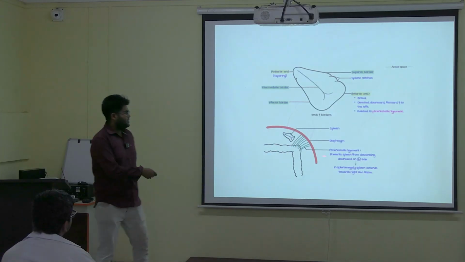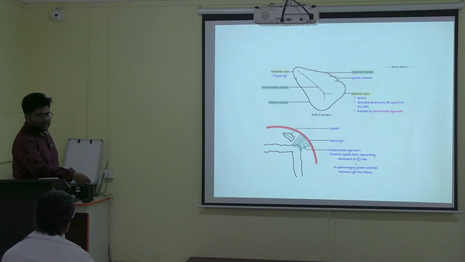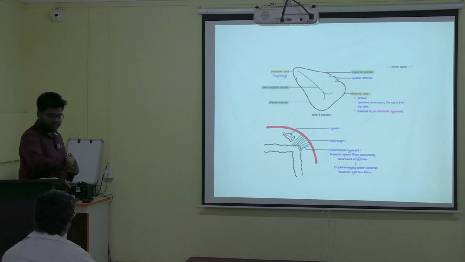But by the presence of this ligament, the displacement is upward. That's why if a patient comes with spleen enlargement, the displacement is like this.